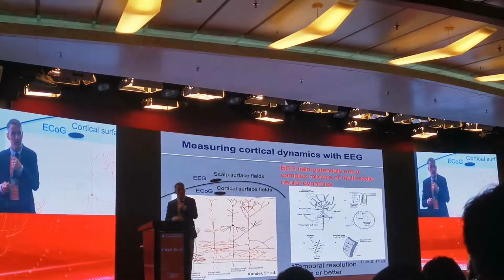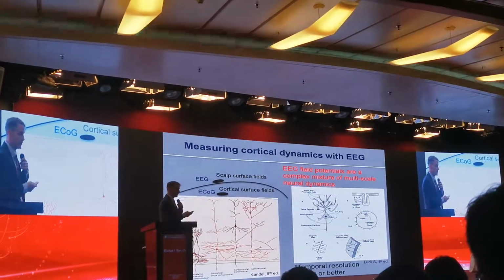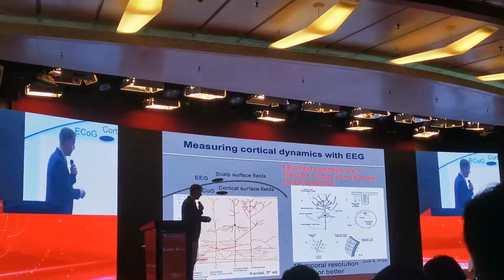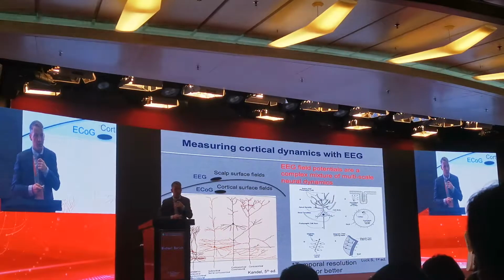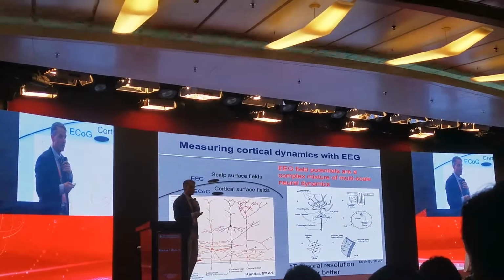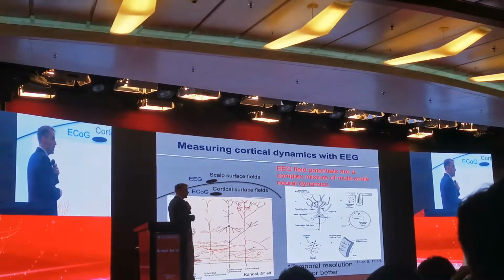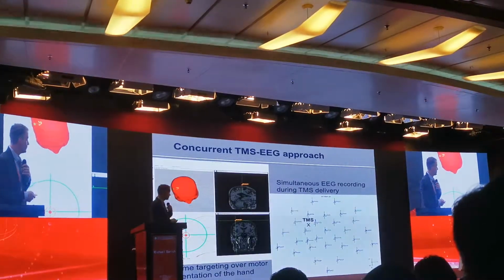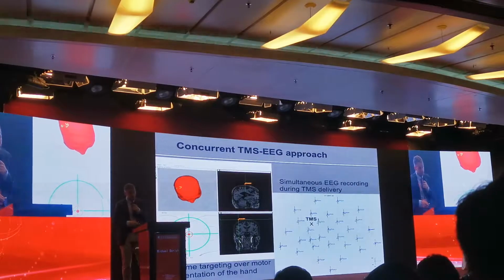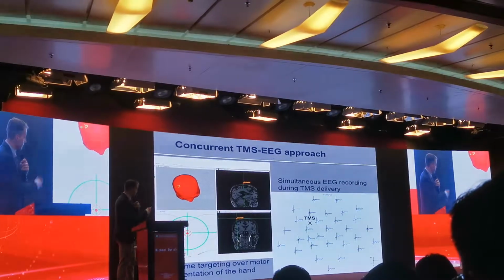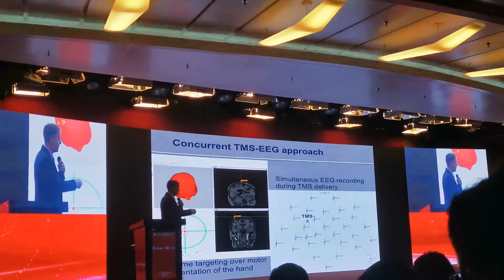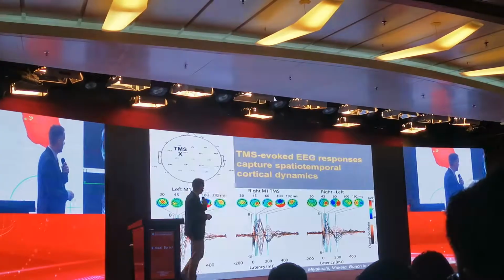So it's telling us about the postsynaptic potentials that are occurring in a synchronous fashion in the regions where the electrodes are overlying. And the key to remember is that the temporal resolution is on the millisecond timescale, meaning that we can actually see activity induced by TMS in real time. Again, we're using neuronavigation to target the brain areas of interest. Again, for the purposes of today, we're just talking about the motor cortex and looking at measuring the responses.